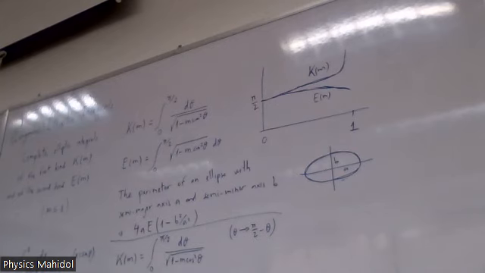And yeah, you can get this expression for K, and similarly for E, I can get the integral from 0 to 1 of, in this case, the square root of 1 minus m x squared in the numerator and 1 minus x squared in the denominator.